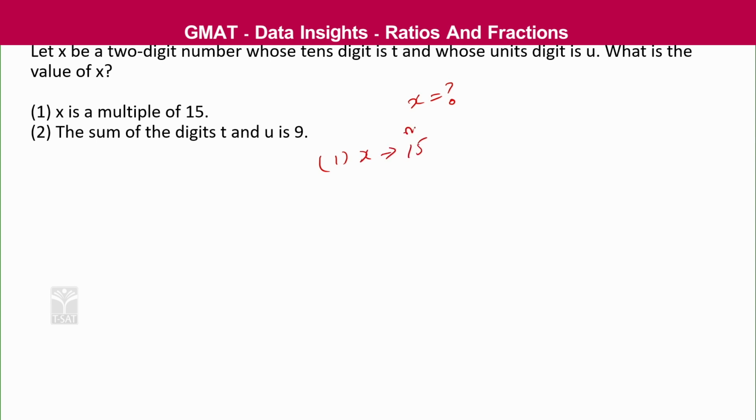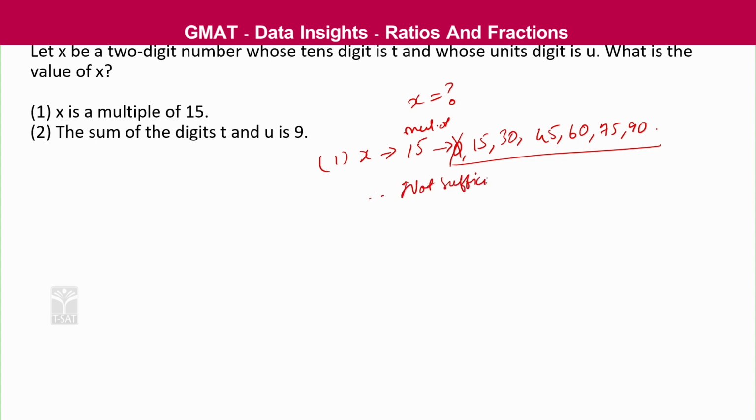So, x can be what? x can be 15, 30, 45, 60, 75 or 90. There are only 2-digit numbers, and 0 is not a 2-digit number. So, there are so many possibilities when x is a multiple of 15. So, this information alone is not sufficient to answer the question.